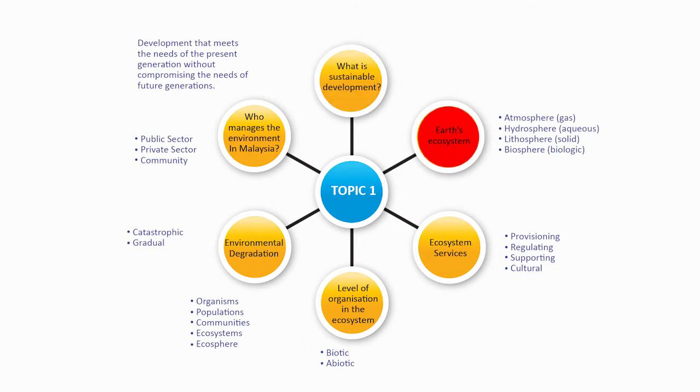Next, we also covered the Earth ecosystem, which comprises the atmosphere, hydrosphere, lithosphere, and biosphere. We also looked into the ecosystem services, the levels of organization in the ecosystem, the environmental degradation issues, and who manages the environment in Malaysia.